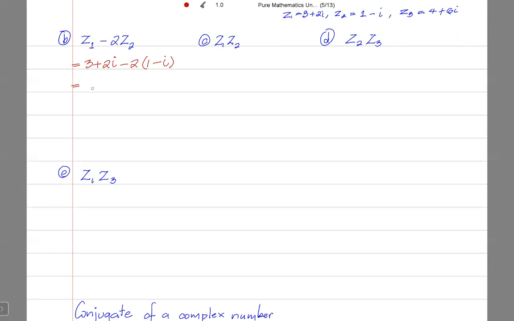So that becomes 3 minus 2 plus 2i plus 2i. Any problems there? I just jumped a little step, that's all. So this becomes now 1 plus 4i.